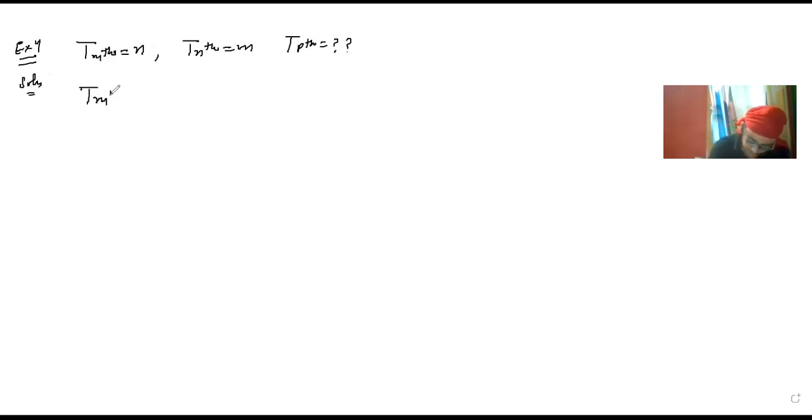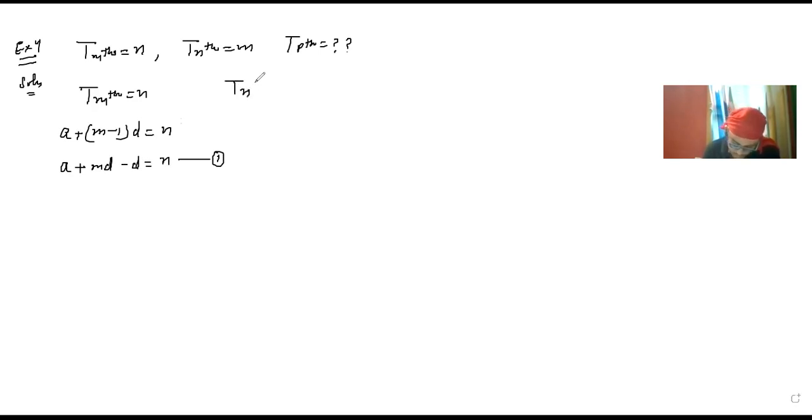Tm is n, so a plus m minus 1 times d is equal to n. That is a plus md minus d is equal to n. This is number 1. Tn is m, so a plus n minus 1 times d is equal to m. Let it be number 2.